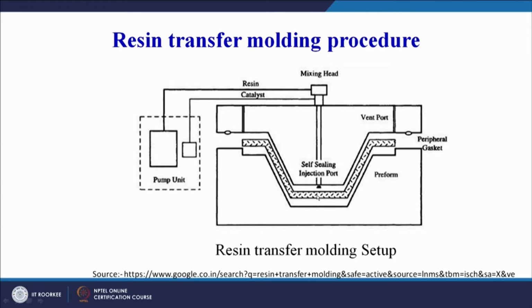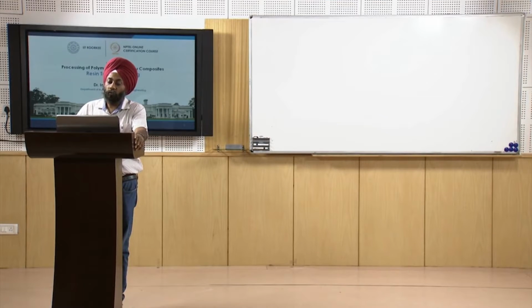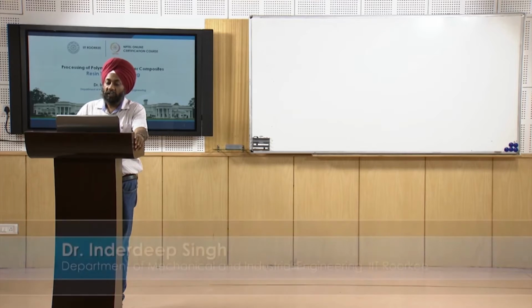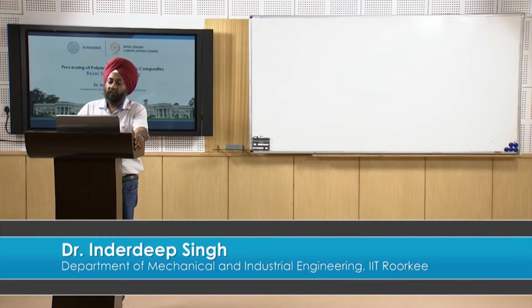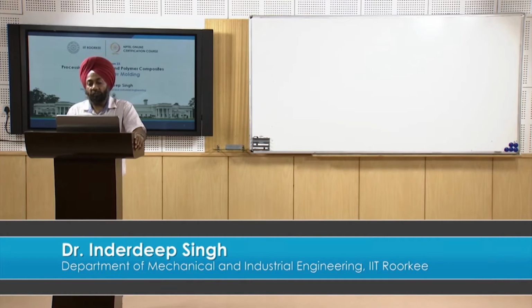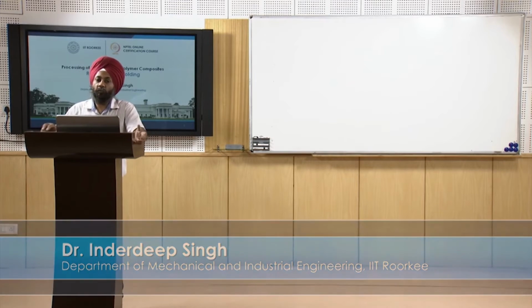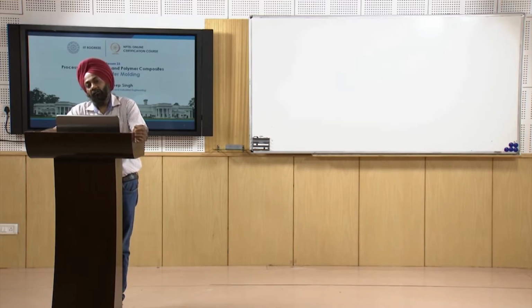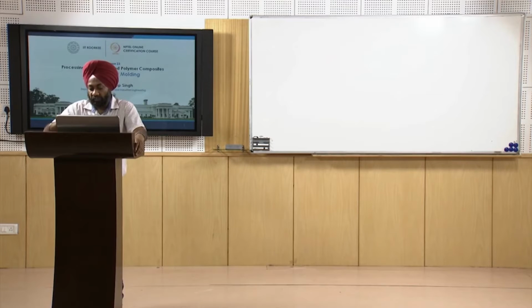Now in the closed position, when the two halves of the mold are closed, in between we have fibers, we have the polymer which has come from the mixing head, and the curing process will take place. And once the product is solid and stiff, we will open the mold and take out our product. So that is the basic working principle of the resin transfer molding process.